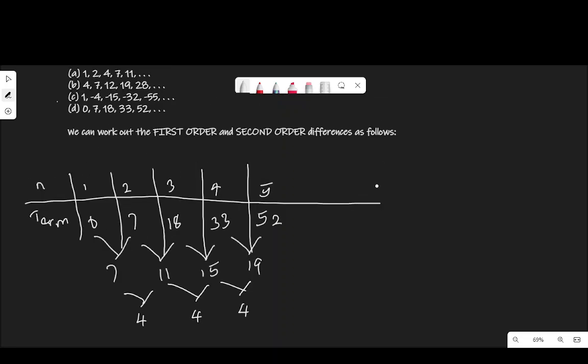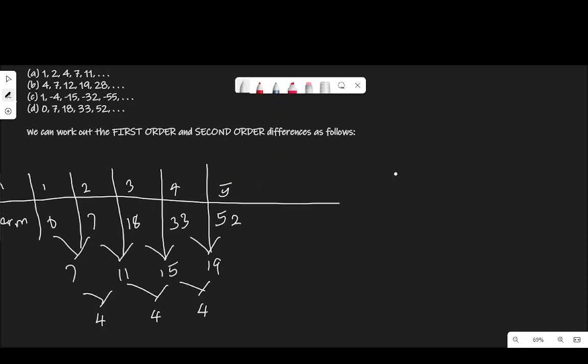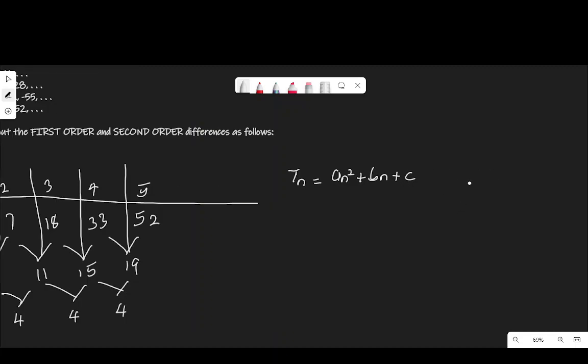Now let's prepare another table for the nth term. Say that Tn is equal to an squared plus bn plus c for any quadratic sequence. What if we put in the value n equal to 1, 2, 3, 4, and 5?